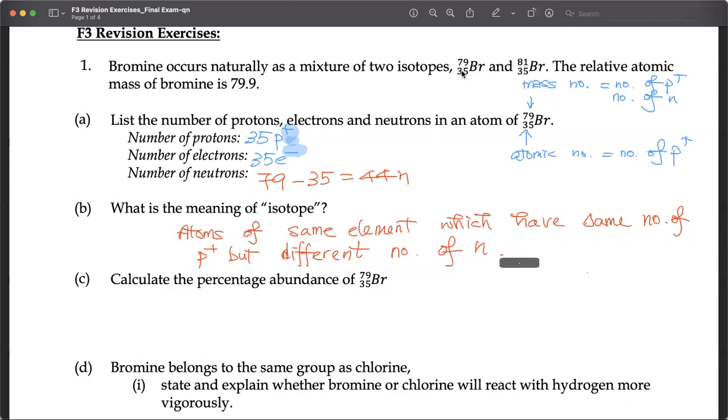They have different mass numbers, while their atomic number, that is the number of protons, is the same. So their only difference is the number of neutrons.